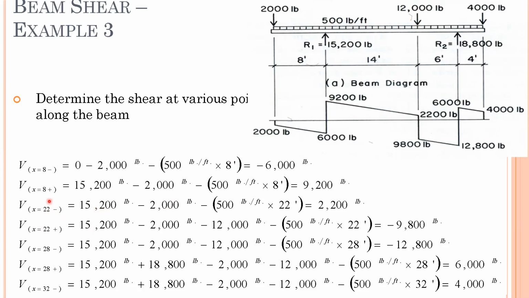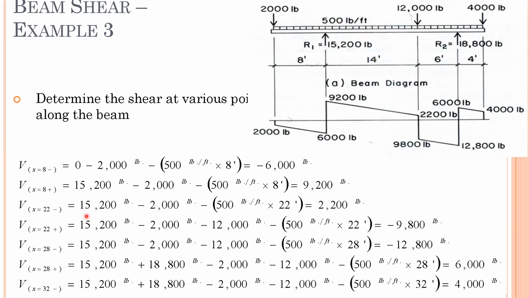Now, if you look at it this way, one way of analyzing it is that you have a positive shear here. So the positive shear here, you reach at this point. The next negative shears you have will be these forces taken away from it. So this is going up, but these are coming down. 12,000 plus 500 times 14.